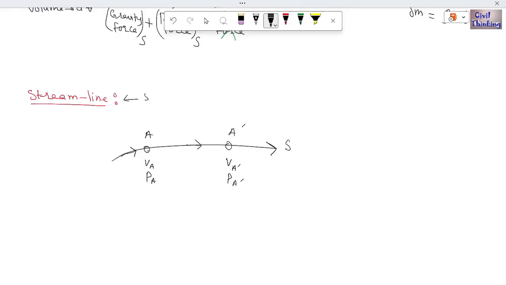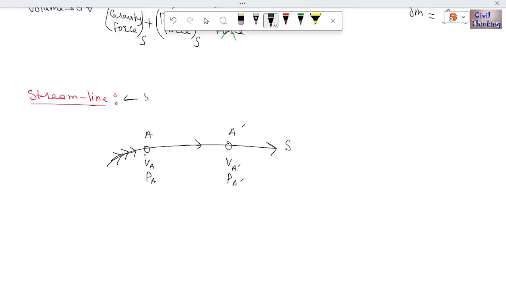Now the property of streamline is, if another particle enters and reaches position A, again the velocity and the pressure of the second particle is going to be the same, that is VA and PA. Then if a third fluid particle enters and reaches position A, again the velocity and pressure of that third particle is going to be the same as those of the last two, that is VA and PA.